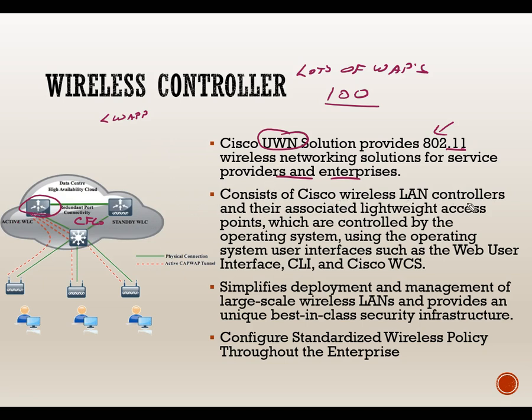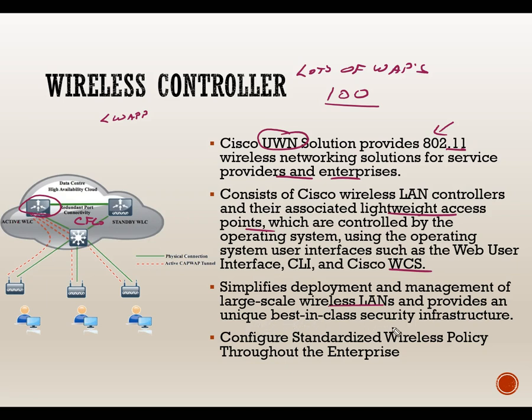It consists of Cisco wireless LAN controllers and associated lightweight access points controlled by the operating system, using interfaces such as the web user interface, the command line interface, and the Cisco Wireless Control System that we're going to do here. It simplifies deployment and management of large-scale wireless LANs.